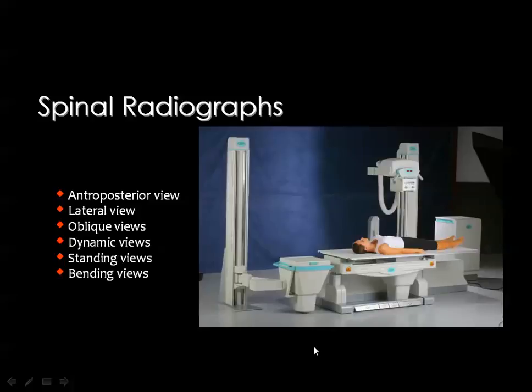And we have many ways for evaluation of the spine. One of the most important of them is the plain X-ray or the spinal radiographs. In the spine, we may have the anteroposterior view, the lateral view, oblique views, dynamic views, standing views, and bending views.